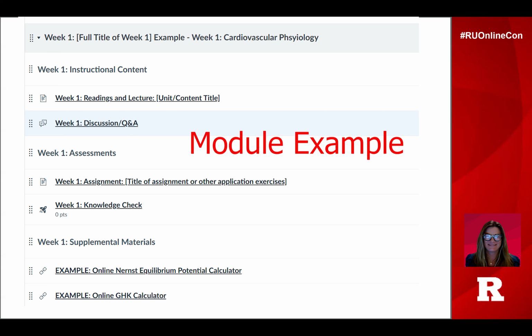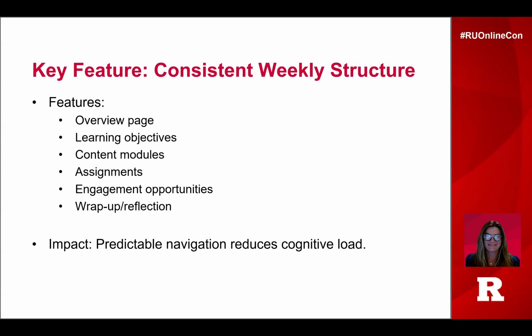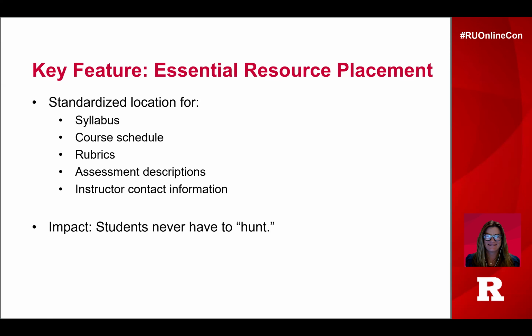Engagement opportunities such as discussions or applied learning activities are integrated within the weekly structure rather than separated into different parts of the course. This consistency significantly reduces cognitive load. Students can focus on learning the content rather than figuring out how the course is organized and where everything is. Over time, this predictability builds confidence and reduces anxiety, particularly for students who are new to online learning.